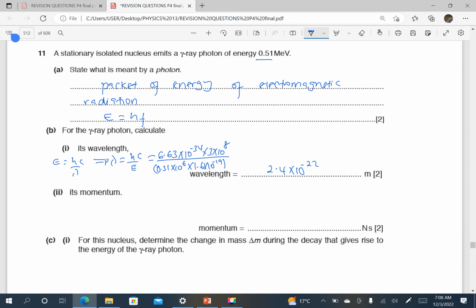Then momentum. If I have wavelength, I will just use momentum as h over wavelength, which is 6.63 times 10 power negative 34 divided by wavelength, which is actually I got here 2.44 times 10 power negative 22. I mean negative 12, not 22. Sorry about this.